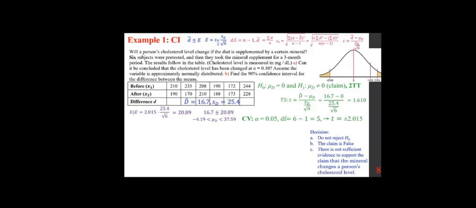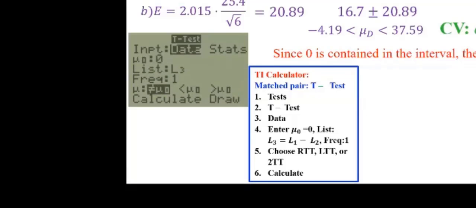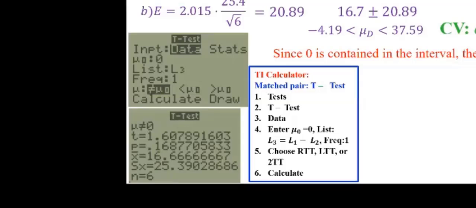Let's look at technology. So since 0 is contained in the interval, the decision is to not reject the null hypothesis H0. In other words, the same result. So we are dealing with the t-test. What we are entering for that is L sub 3, which is L1 minus L2. All right. So when we input the data, it results in the following.